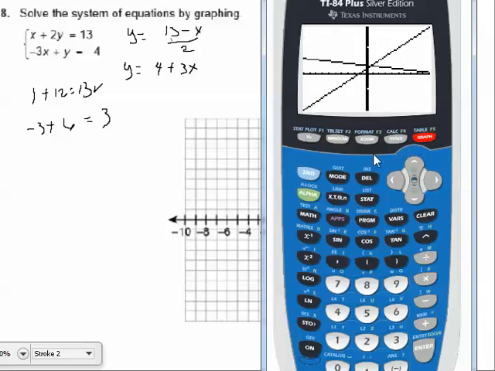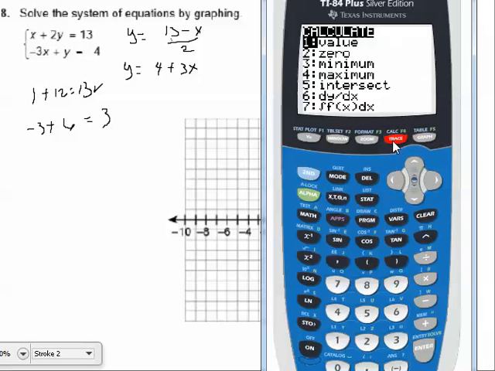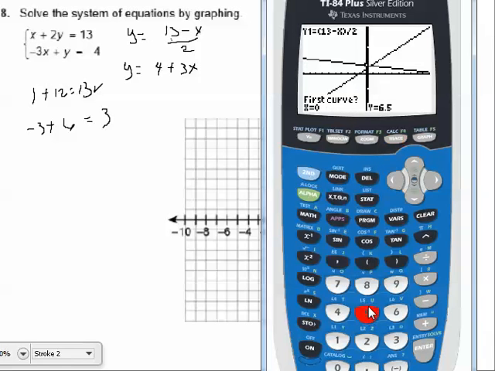Okay? So let's go back to the graph here. What I want to do now is I want to do a calculate, and I want to find the intersection. And yes, that's the first line I want to use. That's the second line. And my guess is going to be right there.